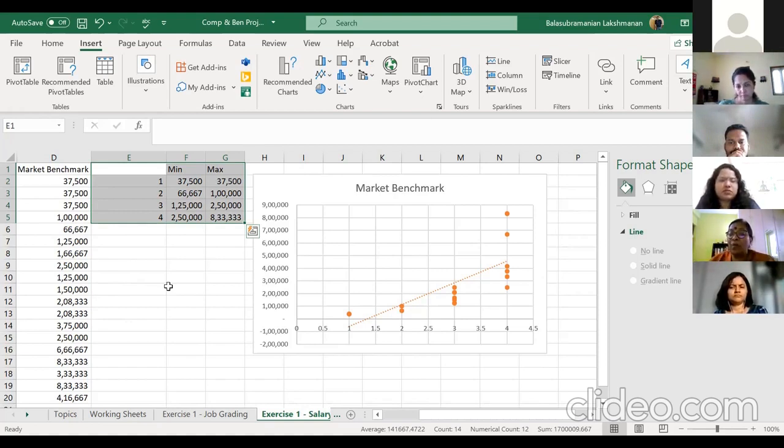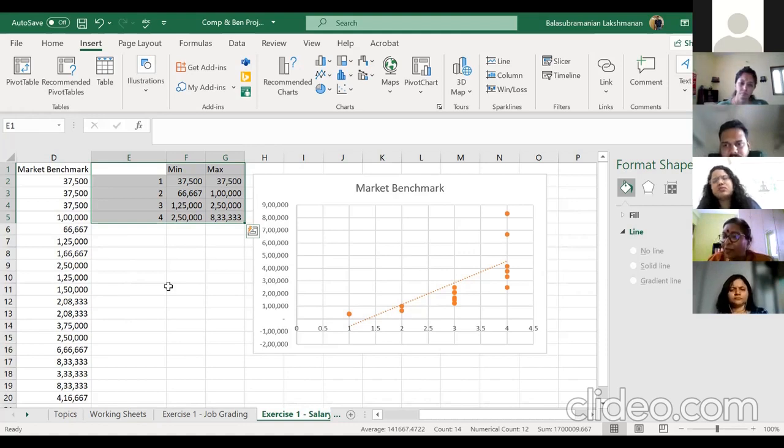Because once you create your grades of min and max, now you have to hire between that range. You can't say, hey, this person can't be promoted, so he will go beyond the maximum. Are you getting me? Because if you are giving an increment even beyond the maximum, you are increasing wage cost.